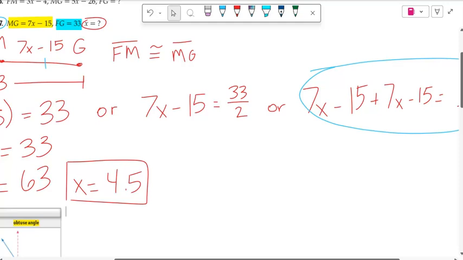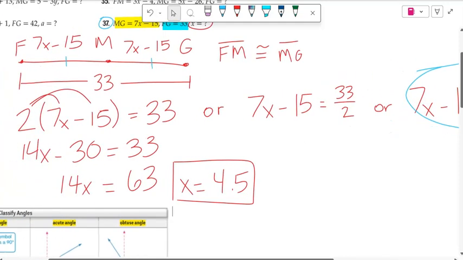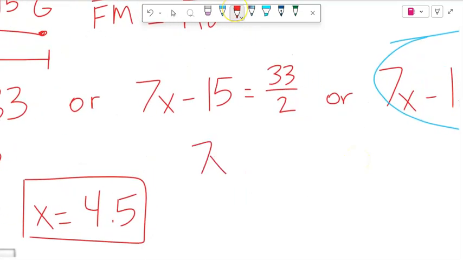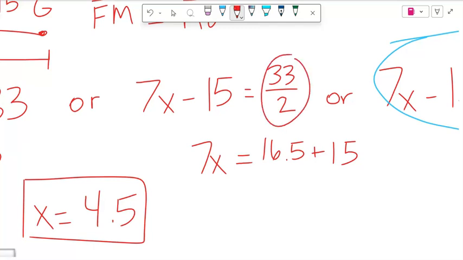Now, are we going to get the same thing if we solve for x the different way we set it up? 7x minus 15 equals 33 divided by 2. Again, because 7x minus 15 is half of the whole segment. So 7x equals 16.5 plus 15, because we added 15 to both sides.